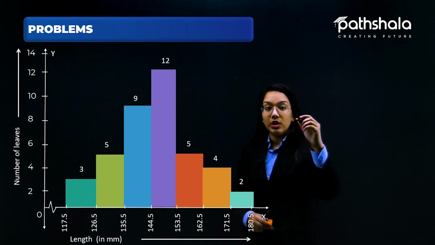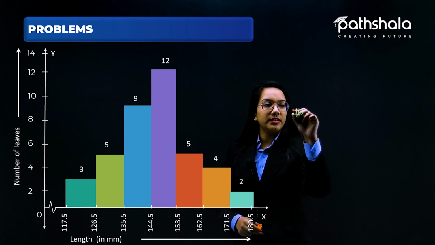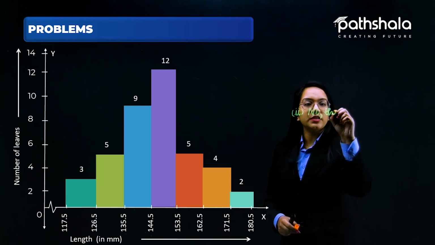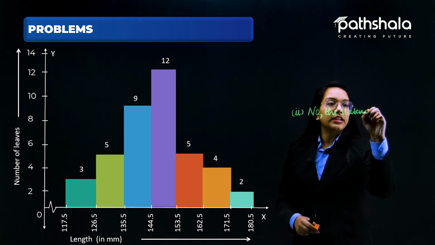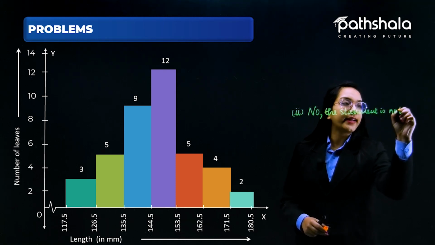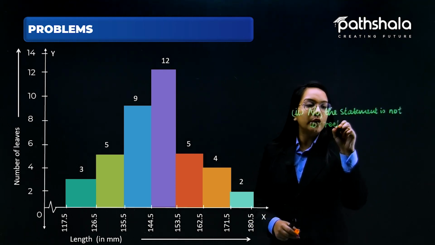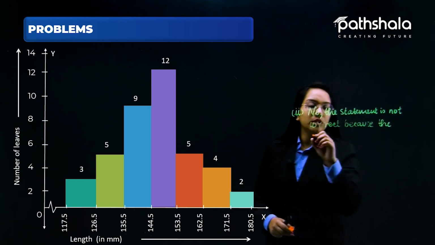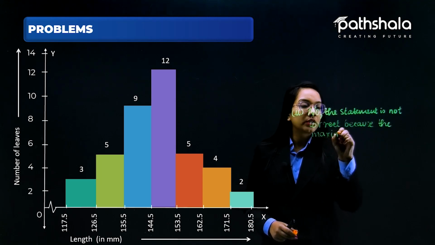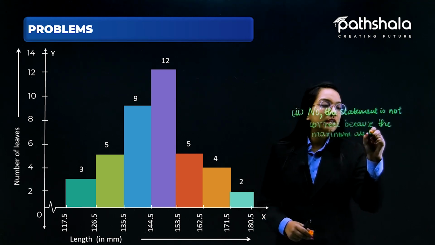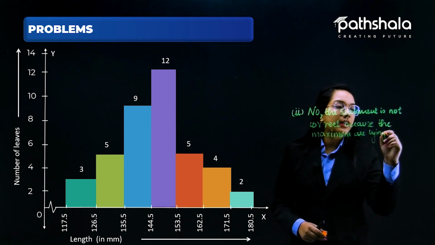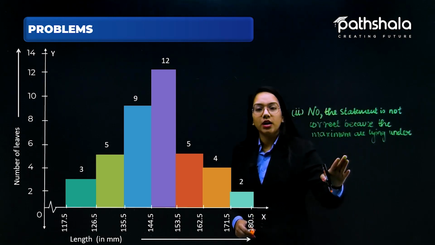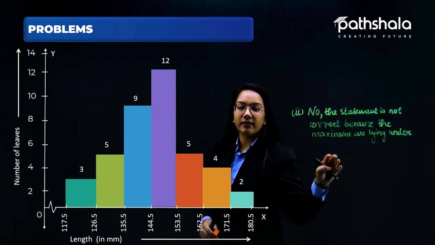And for answer 2, what can we say? The answer is no, the statement is not correct, because the maximum number of leaves are lying under the interval that we have.